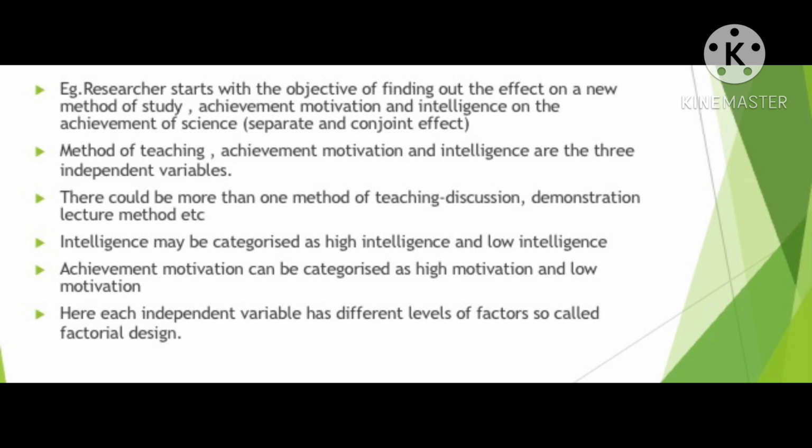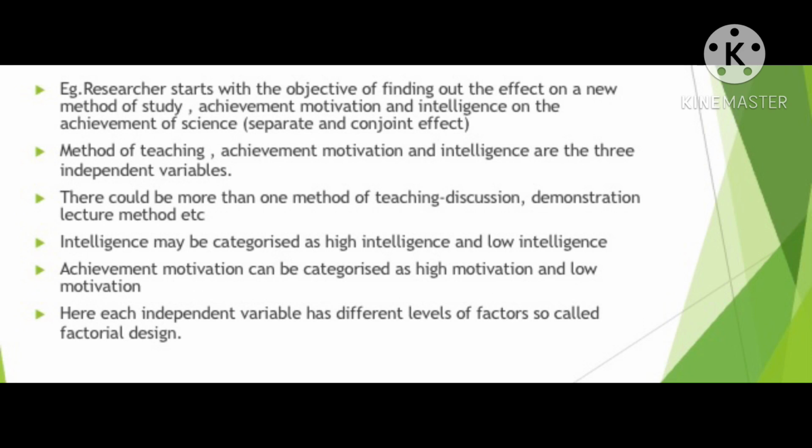Here the researcher takes method of study, achievement motivation and intelligence, all three as independent variables. All these independent variables have an effect on the achievement of the student. So achievement of the student is the dependent variable. Then here the researcher is dividing intelligence into two groups, high intelligence group and low intelligence group.